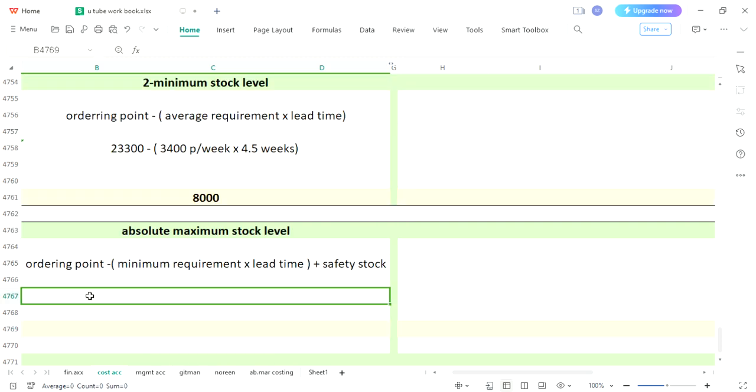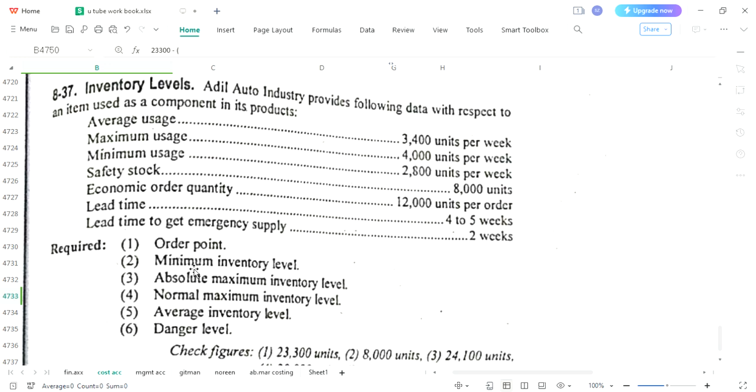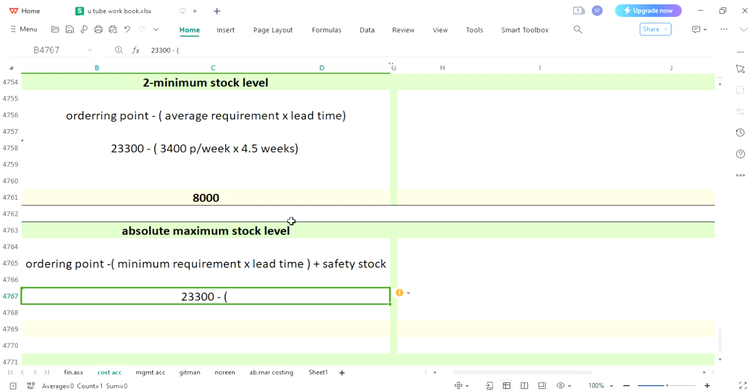So you can put it over here. You need to put the formula, then we have minus, start your bracket, and then we need the minimum requirement. Go back to the question and see how much the minimum requirement is. Minimum usage is 2,800.